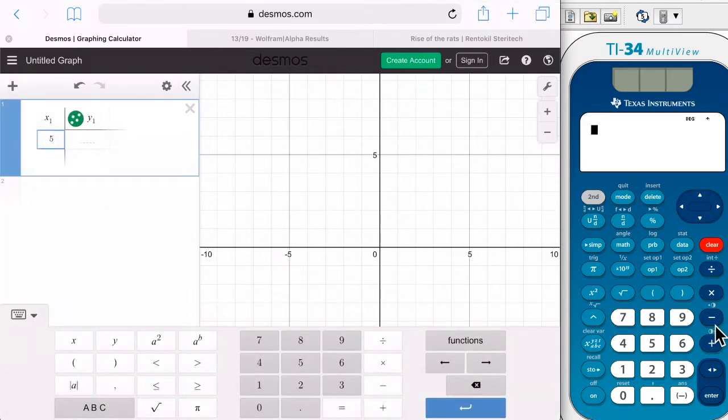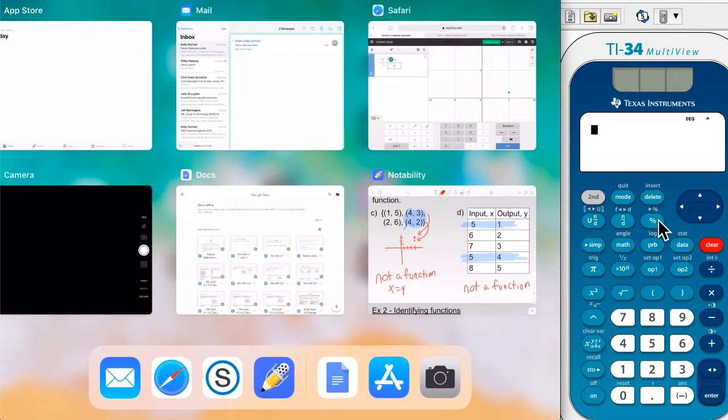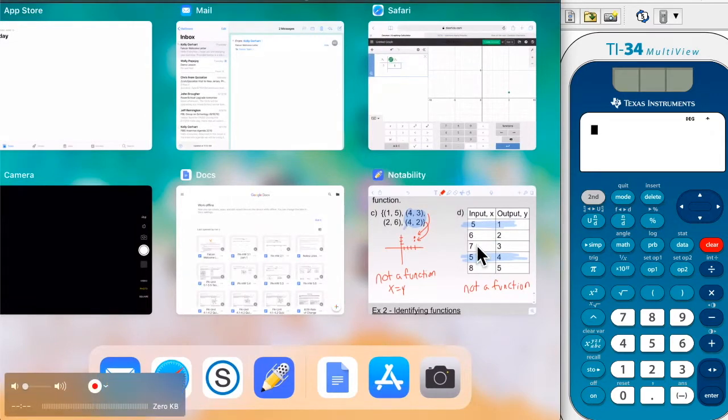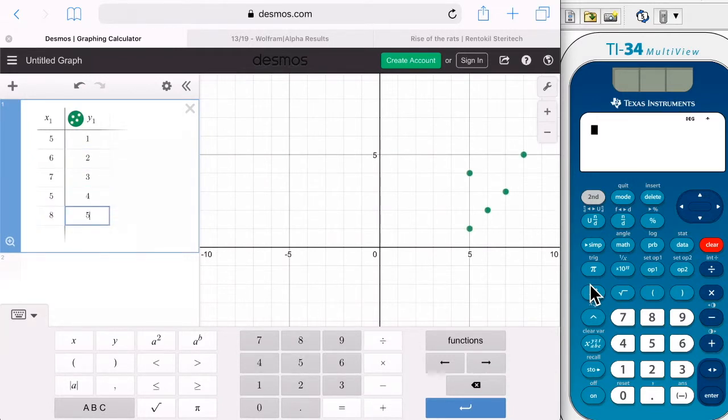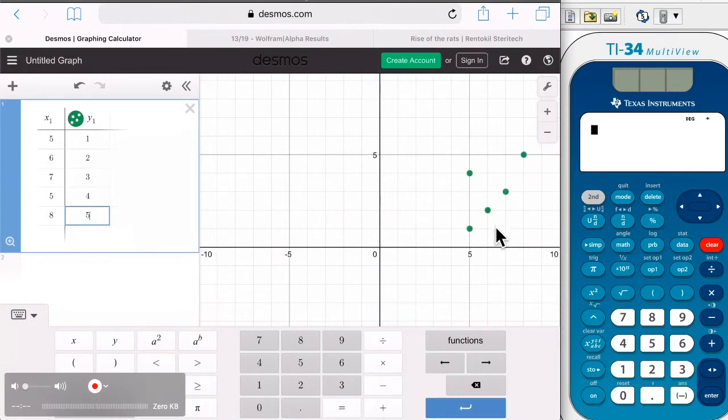So it was what, 5 and 1, I think. This is the worst part about Desmos. I have to keep flipping back and forth. So 5 and 1. So 5, 6, 7, 5, 8. 5, 6, 7, 5, 8. And this was 1, 2, 3, 4, 5. All right. Now we can see, boom, it fails the vertical line test right there.